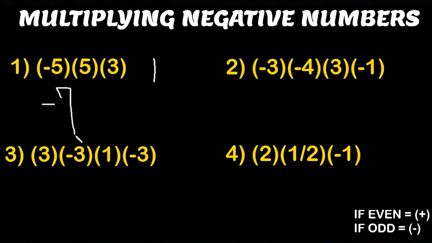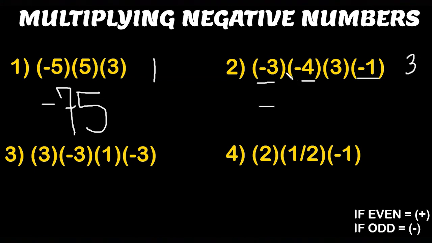So it's a little trick you can use, right, to figure out the end result when you're multiplying negative numbers together. So if you look at 2, how many negative numbers do I have? Well, I have 1 here, and 1 here. That's 3, right? And we know that 3 is going to be odd, meaning our end result is going to be negative, right? So from here, I can simply just multiply the entire thing out.